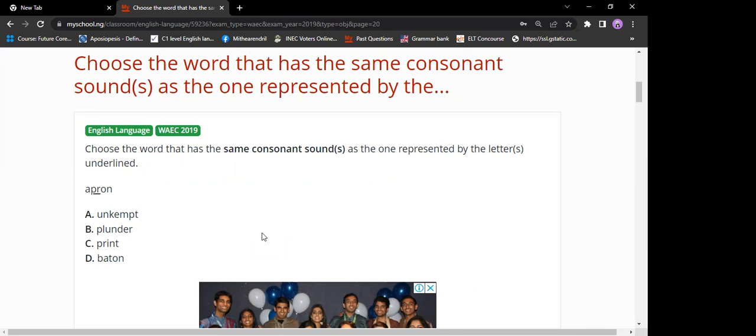So it is plunder. Then option C, we have print. And the last one, we have button. So our answer there should be option C.